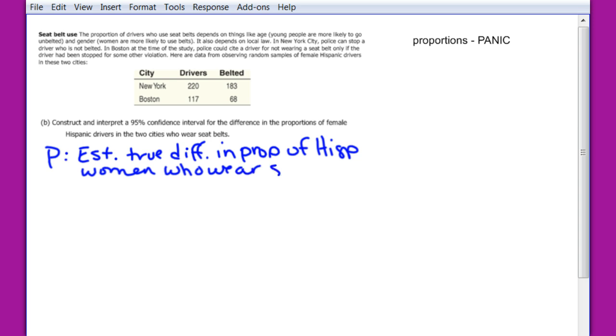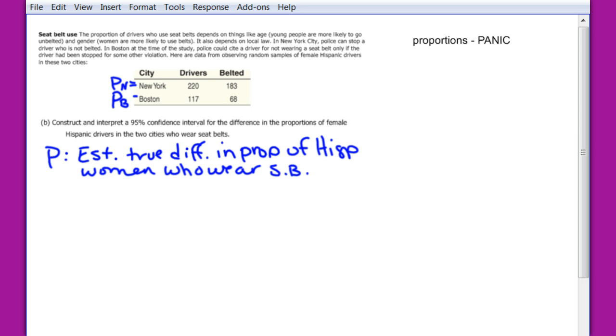Let's define what's what. We've got two cities here, so we're going to call the proportion for the New York drivers p New York, and p Boston for that one.